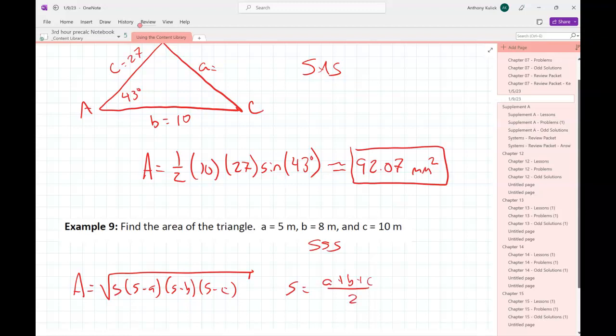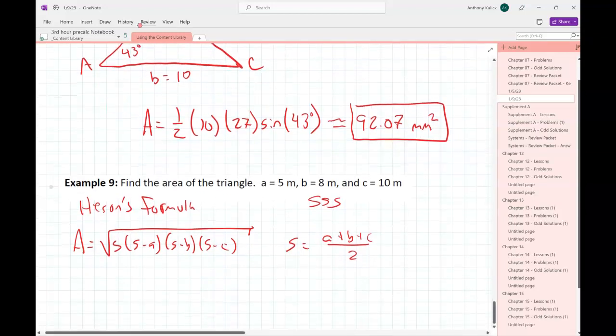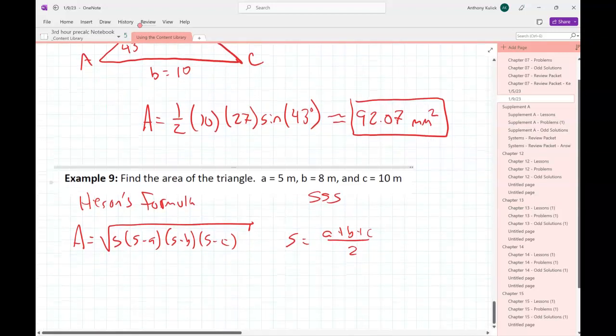By the way, this formula has a name. This is called Heron's formula. I think he was an Egyptian mathematician. I think it was in Alexandria, so it would have been post-Alexander the Great coming through. So you might as well call him Greek at that point, but pre-Christ.